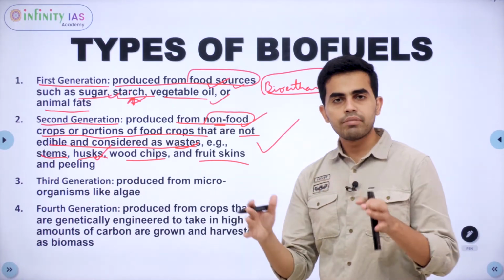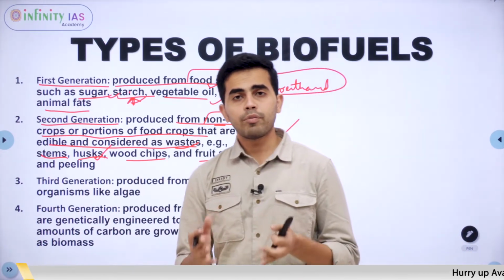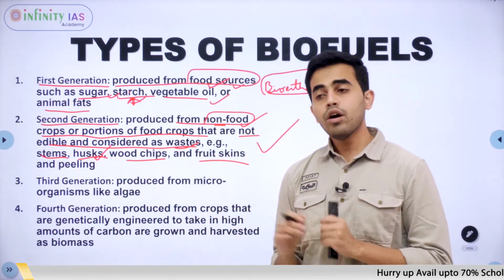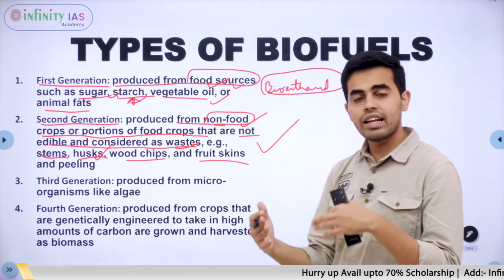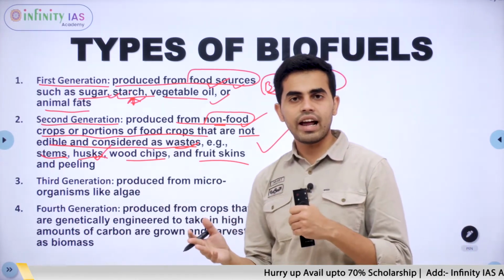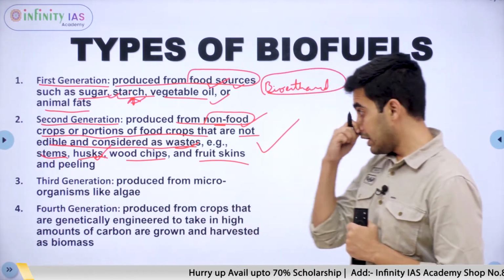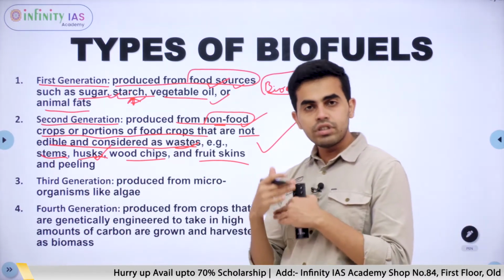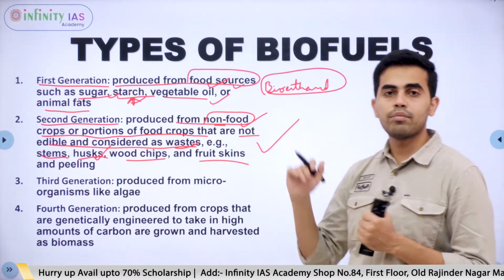If a farmer takes up his farm for production of non-food crops, exclusively for producing biofuels, he is changing the land use of his agricultural land from food crops to non-food crops. So here also we might not have conflict directly with food security, but there is a conflict with land availability.